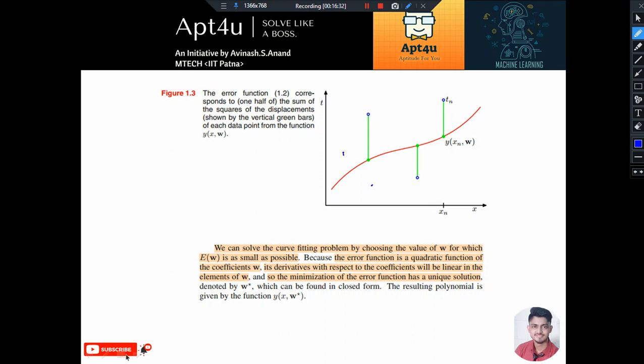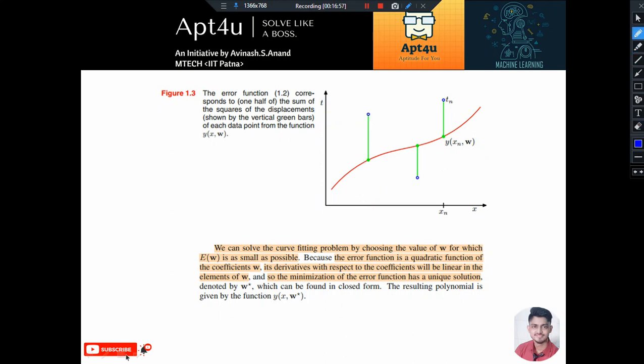So there were 10 data points here. Suppose I consider this data point. What is the true value of this data point? This is the x-axis value, this is a point x. For this point x, we can see this particular value is this one. Let me make it more clear. What does it mean?